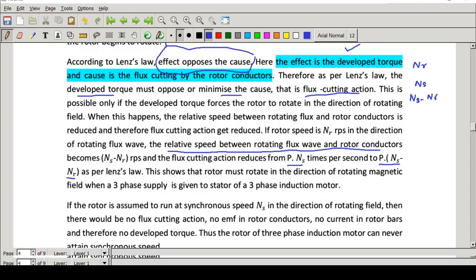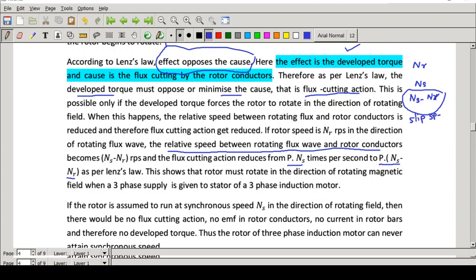Now this Ns minus Nr, the relative speed between the rotating magnetic field and the rotor, we call slip speed. Now we will discuss the concept of slip later.